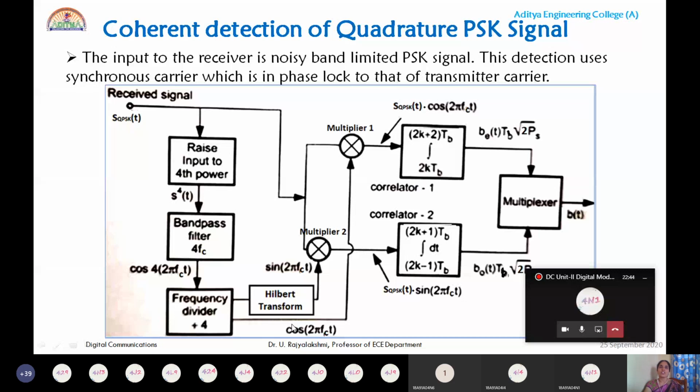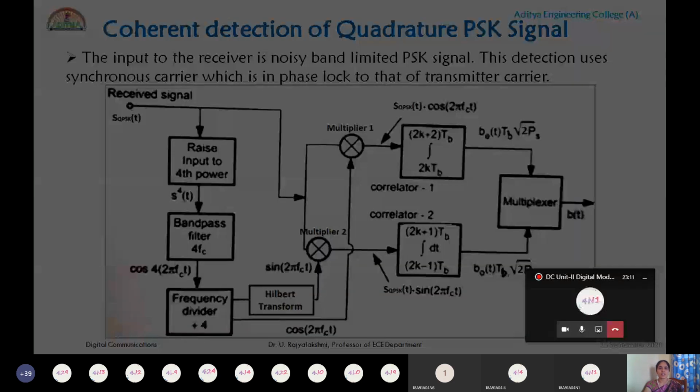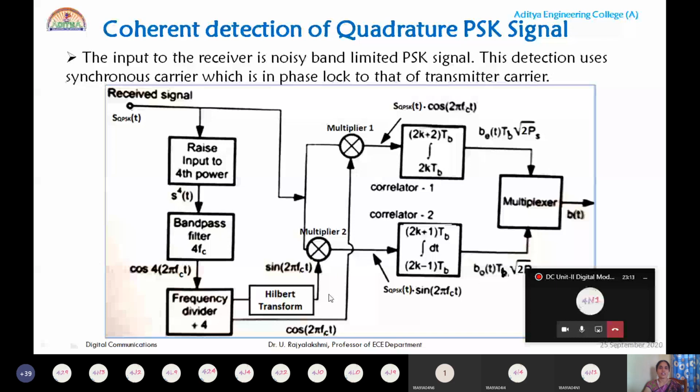But at the transmitter we are using two channels, two modulators. One is in phase, which uses the in phase carrier, and the quadrature phase modulator, which uses the quadrature carrier, that is sin omega c t. That's why once we generate the carrier from these three sections, the in phase carrier is directly applied to multiplier 1, that is correlator 1.